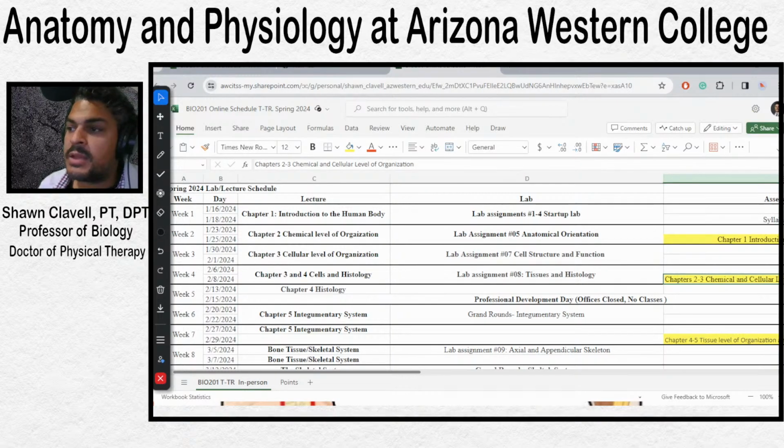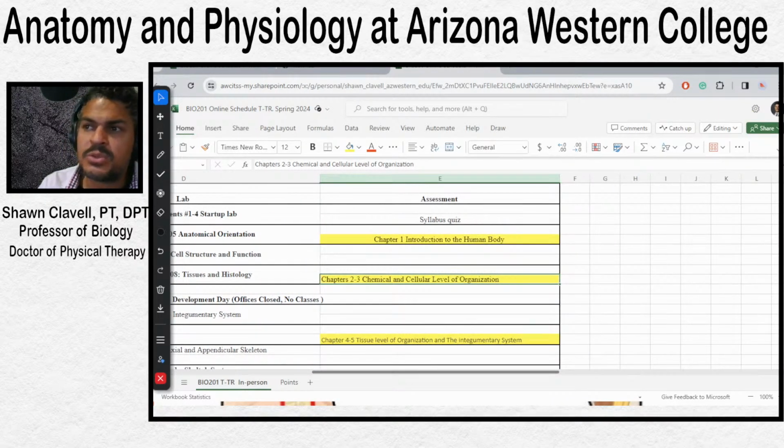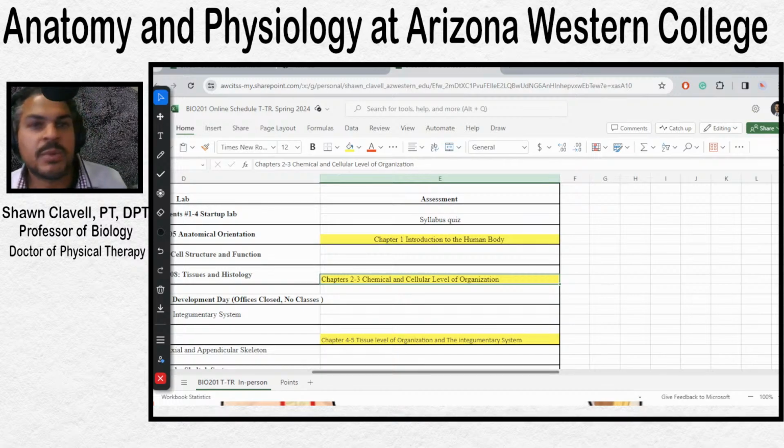And then again, you can see that the next couple of tests will include 2 chapters. So chapter 1, an introduction to the human body, really a good assessment piece to get us started on that basic biology as well as anatomical terms and regional terms. And then chapters 2 and 3, a review of chemistry and cell biology.